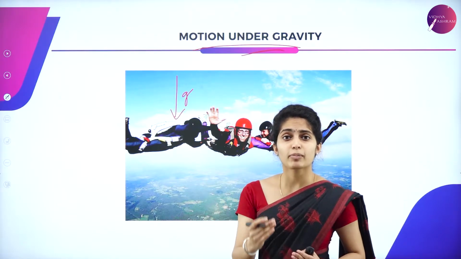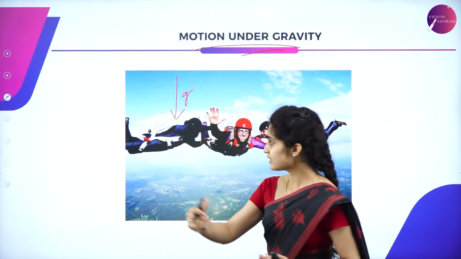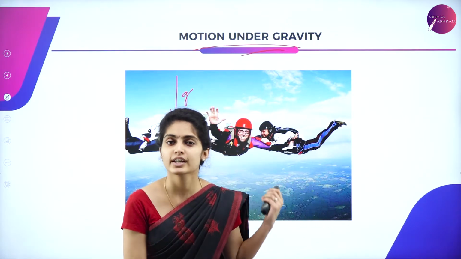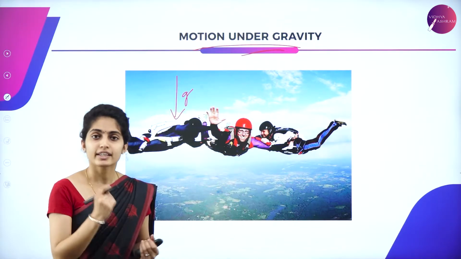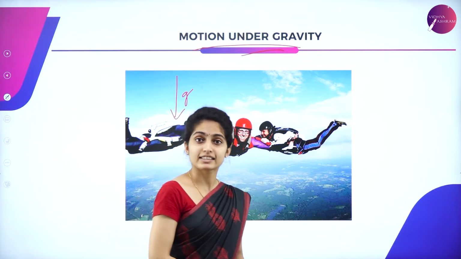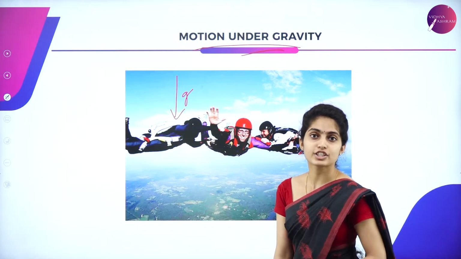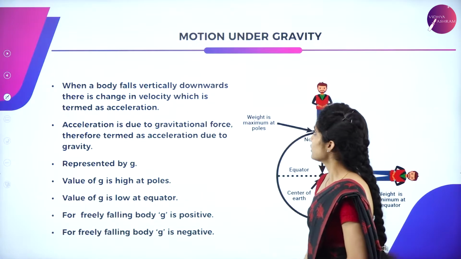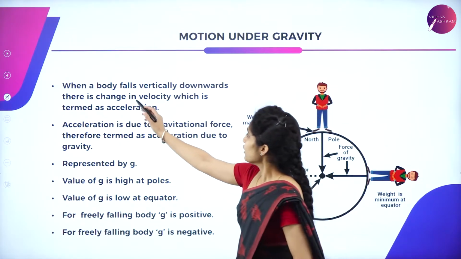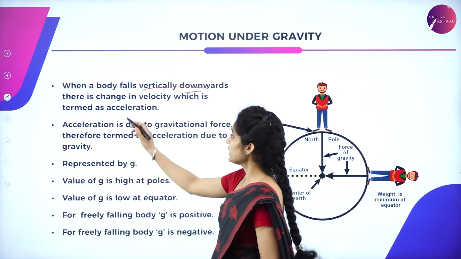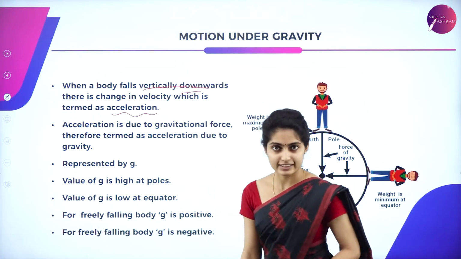So that is all about the acceleration, and this acceleration, when an object is thrown upwards and it reaches downwards, is due to gravity. That is why we term it acceleration due to gravitational force, that is, acceleration due to gravity. When a body falls vertically downwards, there is a change in velocity, and that is termed acceleration.